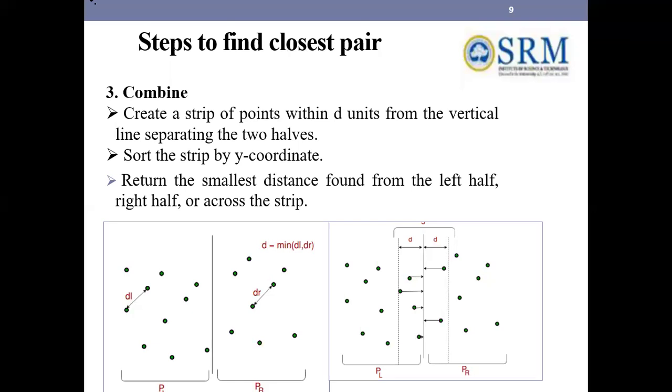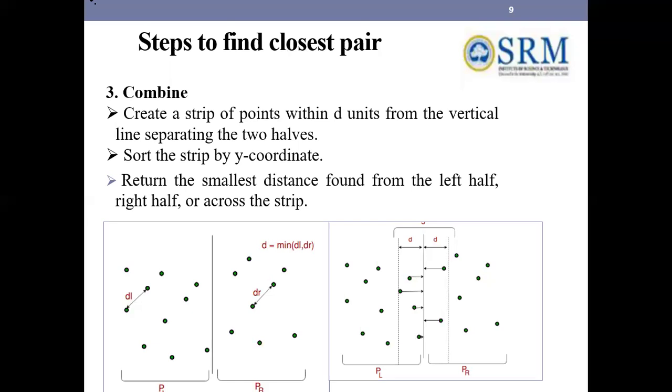So take every point in the left side strip, combine with the right side strip, and find the closest pair. So among these three, the closest pair in the left, the closest pair in the right, and the closest pair along the vertical line or the strip, whichever has the minimum distance, that pair will be selected as the final result.